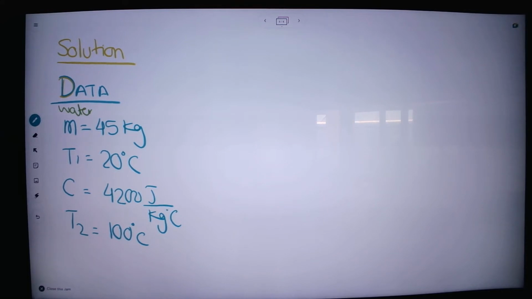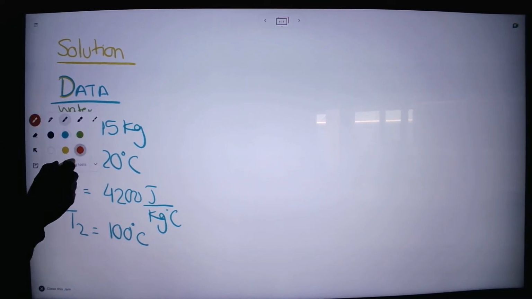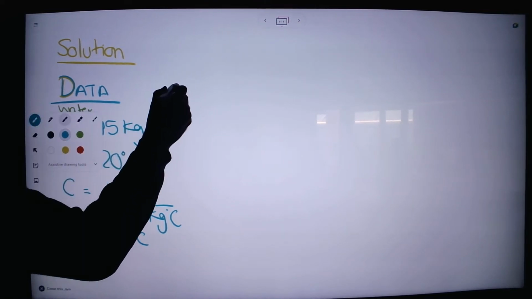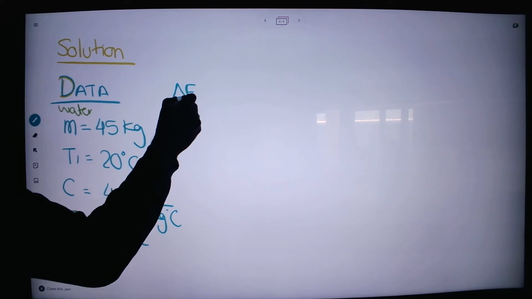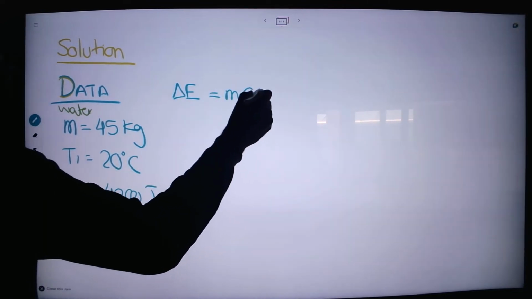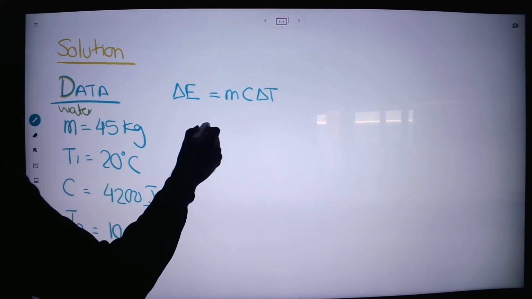So first we need to find out how much heat the water absorbed to go from 20 degrees to 100 degrees, and we assume it's still water. So let's do that one for the water, using the same color. The energy absorbed is mcΔT.